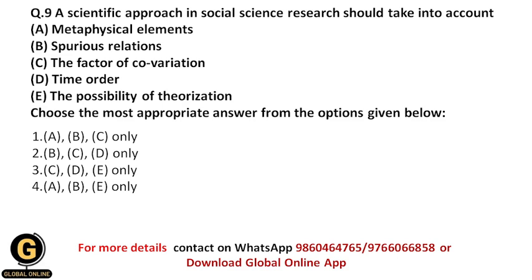A scientific approach in social science research should take into account... Whenever you are doing social science research, obviously you follow the scientific approach. Here approach means method. So you follow the scientific method, and while doing this, what kind of things should you take into account?